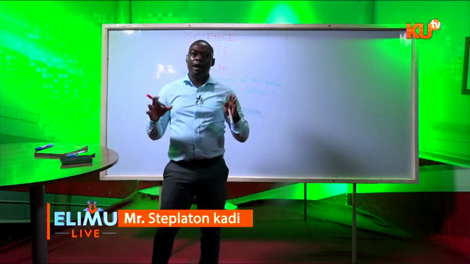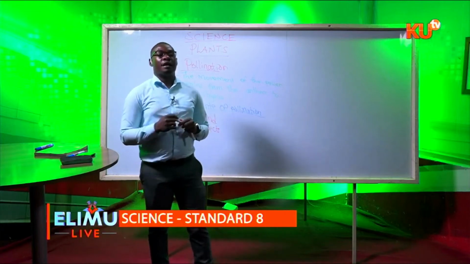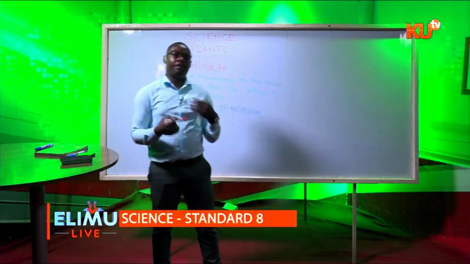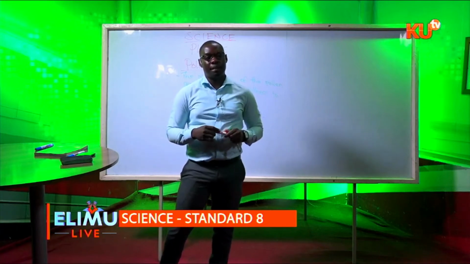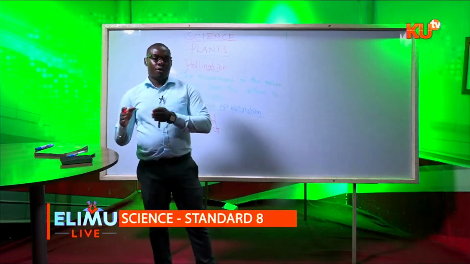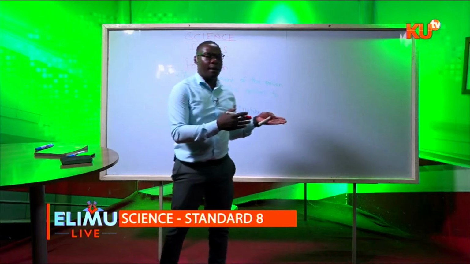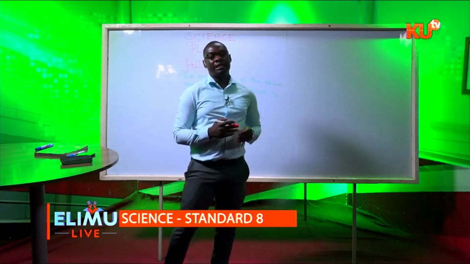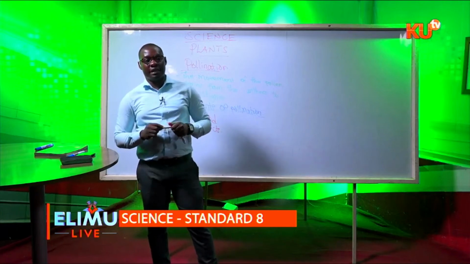So whatever means the pollen grains will move is what we are referring to as the agents of pollination. So we are going to look at two of them, which are insects or wind. So we are going to see what's the difference. Why should this flower be pollinated by insects, and why should this another flower be pollinated by wind?